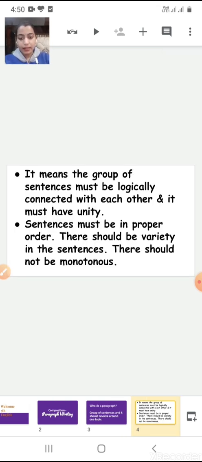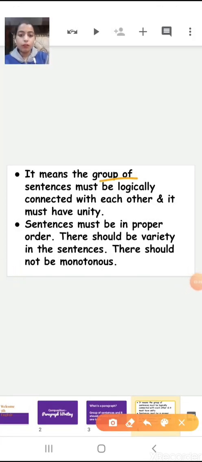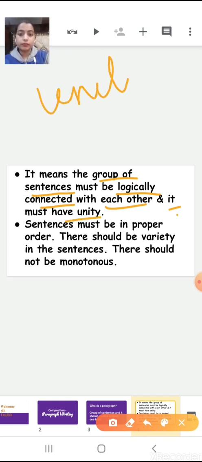It means the group of sentences must be logically connected with each other and must have unity.